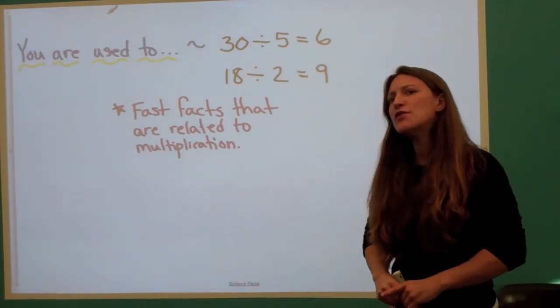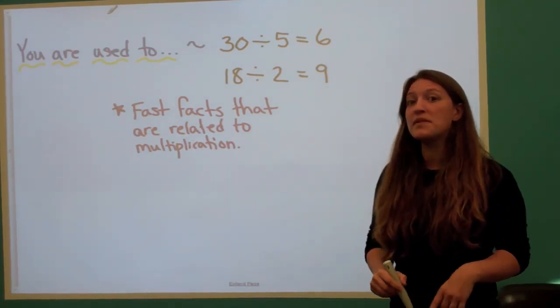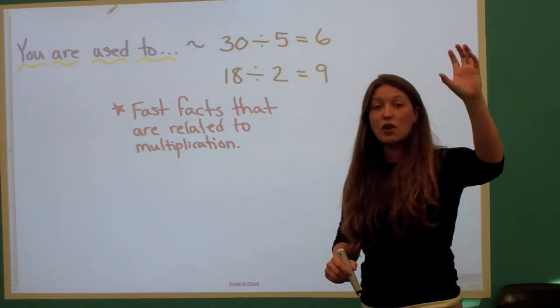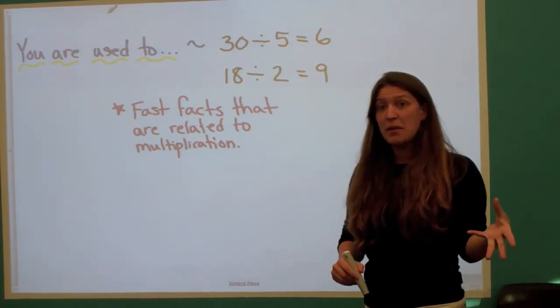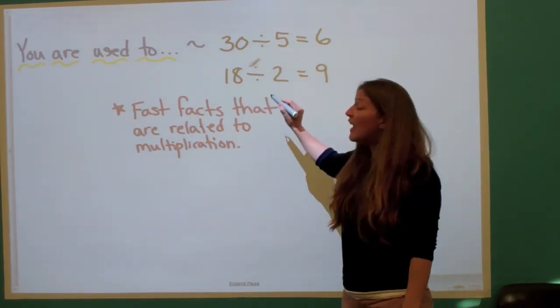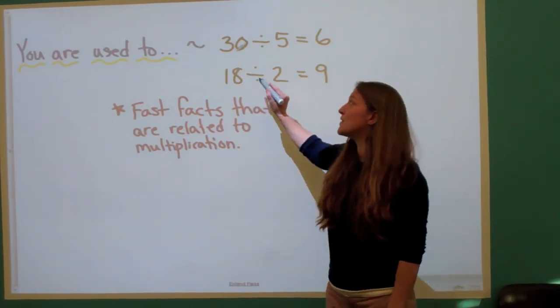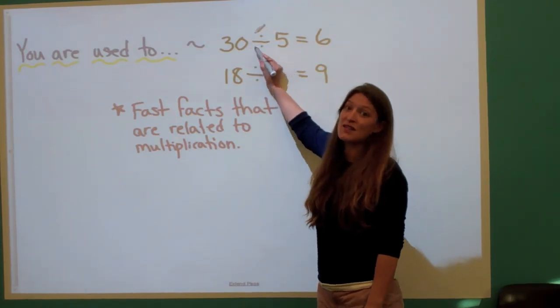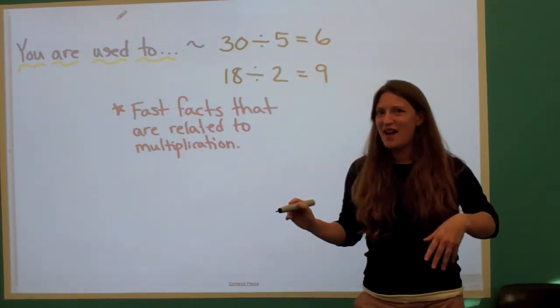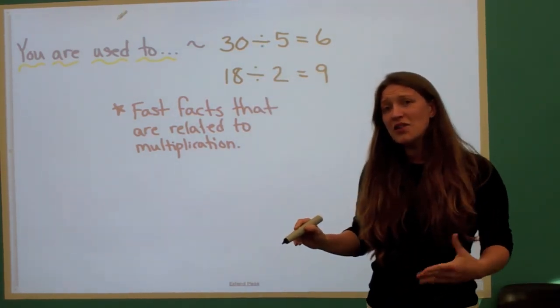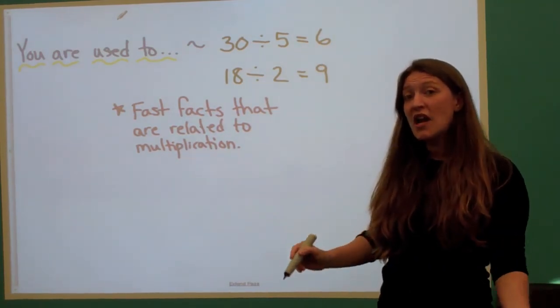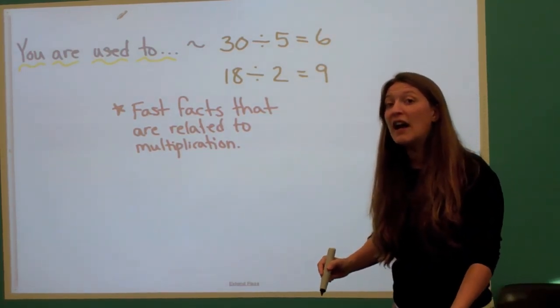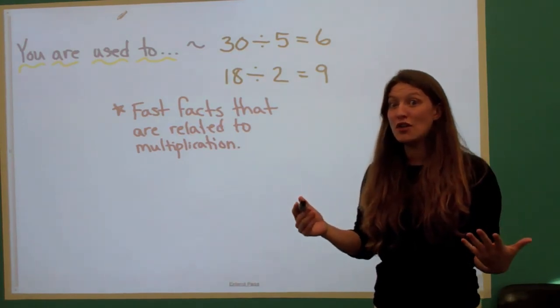Very similar to your subtraction problems. When you're subtracting, the larger number always goes on top. Well, when we're dividing, the largest number always comes first when we're looking at a division symbol that looks like this. We're used to that. Now as fourth graders, we're going to step it up a bit, and we're going to challenge ourselves to divide much larger numbers.